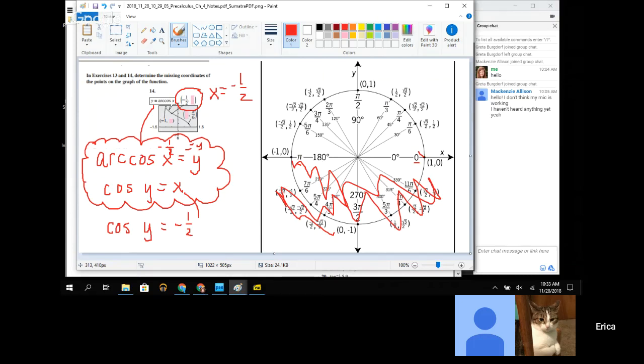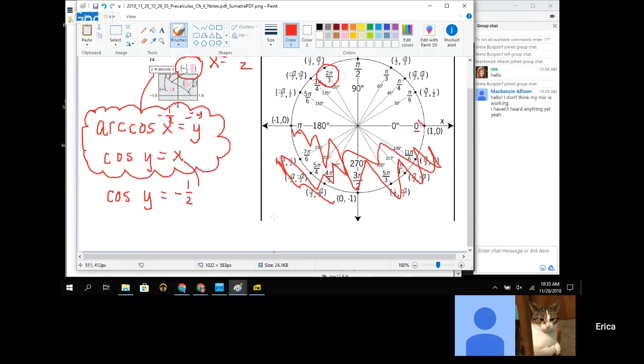If I look at my graph, remember your cosine is always your x value. So where is there an x value of negative 1/2? Right here. So if I take the cosine of 2 pi over 3, that equals negative 1/2.